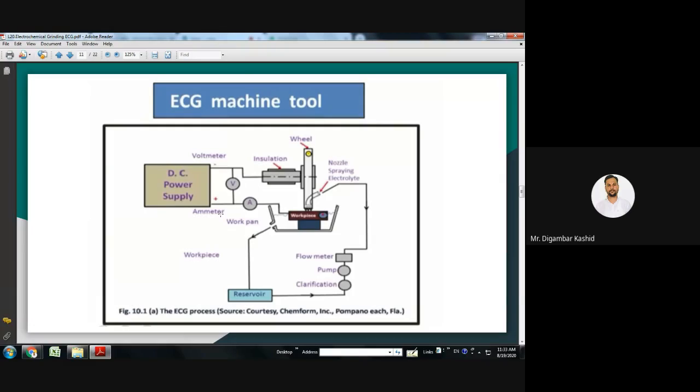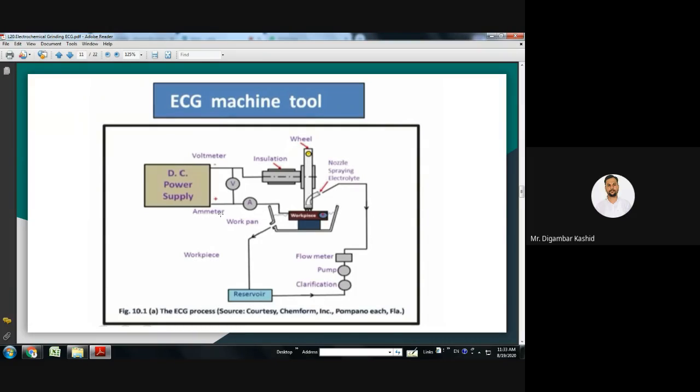Now let us discuss the setup, that is the experimental setup, or you can call it the machine tool of the electrochemical grinding process. This electrochemical grinding system is also very similar to your conventional grinder.